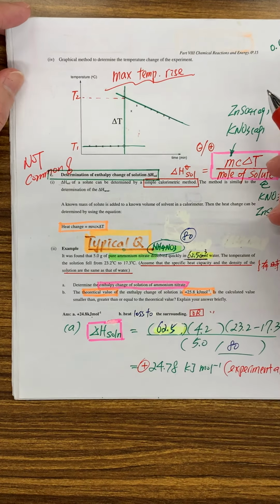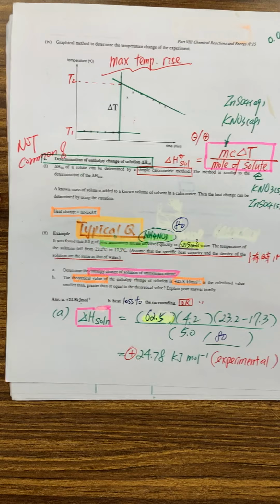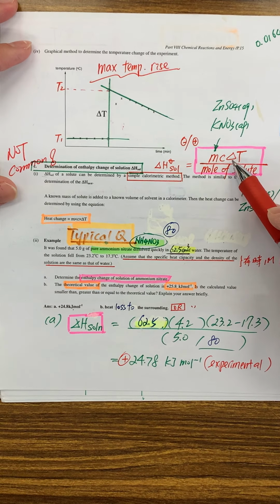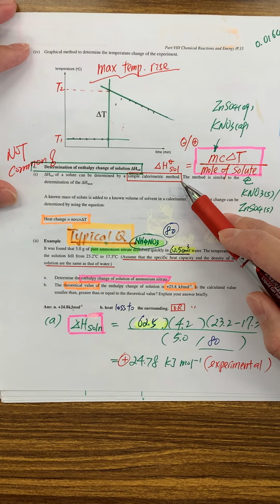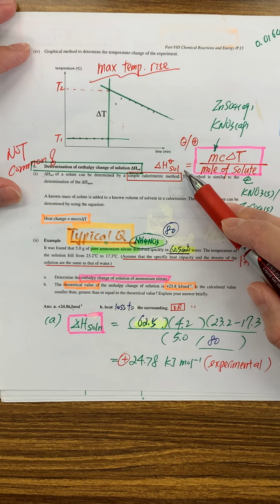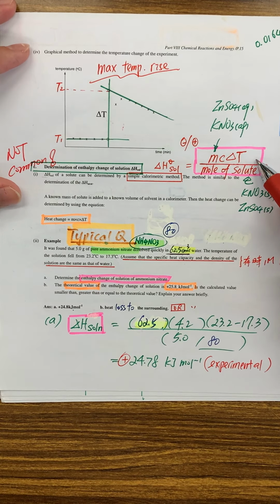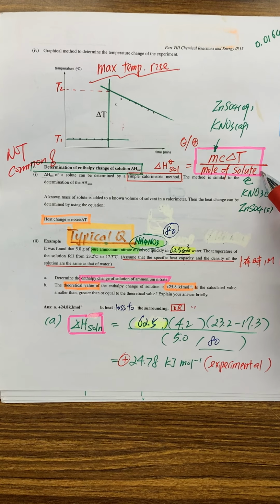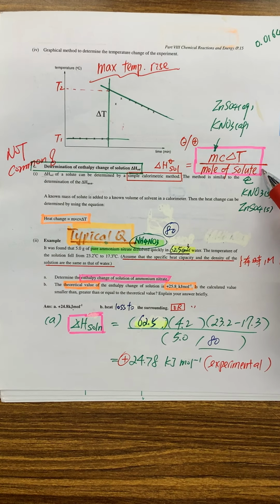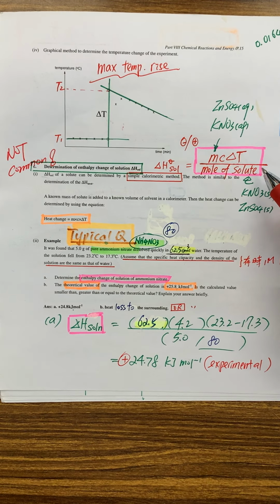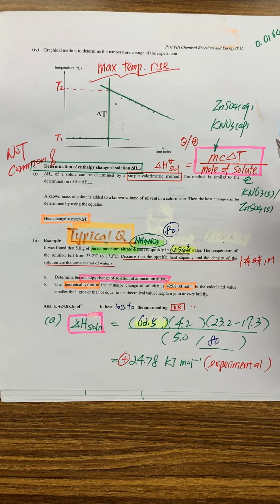But of course, if you ask me how to determine them, it is by the simple calorimetry method, and we have a similar formula, m c delta T, and divide by moles of solute. Solute refers to the solid compound dissolved in an infinite amount of water. If you forgot, refer to the definitions in part 1.